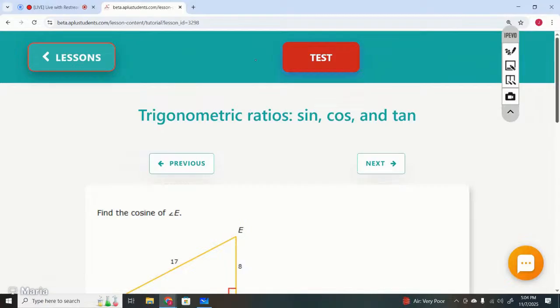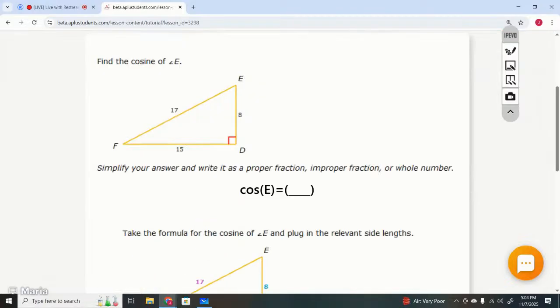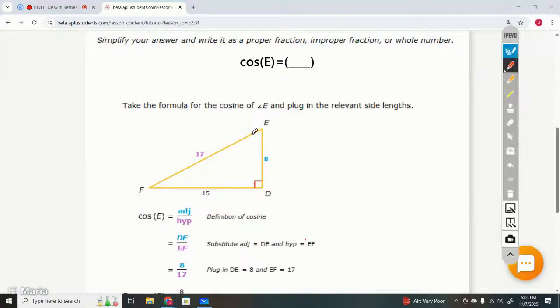Find the cosine of angle E. Simplify your answer and write it as a proper fraction, improper or whole number. So cos of angle E. Where is angle E? Here it is.